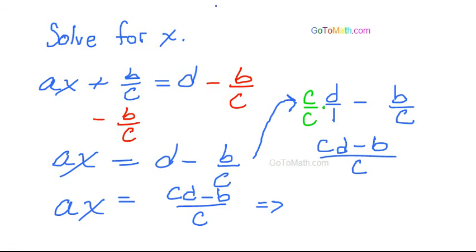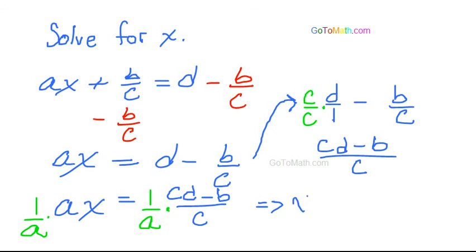Okay. Now what we want to do is turn this into a 1, and we're going to do that by multiplying both sides by the reciprocal. Just like that. All right. And so 1 over a times a is 1.